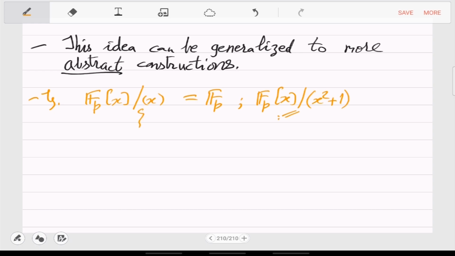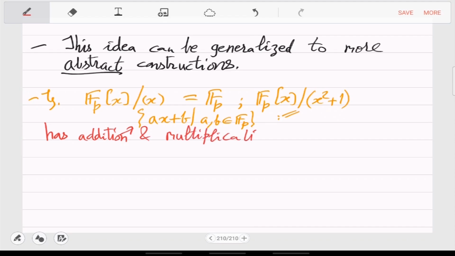It has the elements ax plus b, where a and b are numbers, and it has addition and multiplication modulo x square plus 1. This is mod x square plus 1 arithmetic.